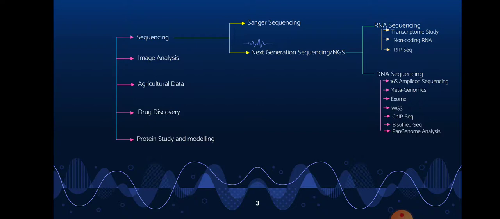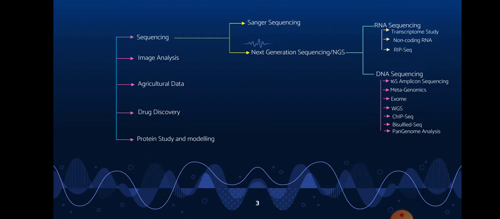Bisulfite-seq, on the other hand, is about methylation of the genomic DNA, and it actually reveals the part of the methylation which regulates epigenetic regulation.